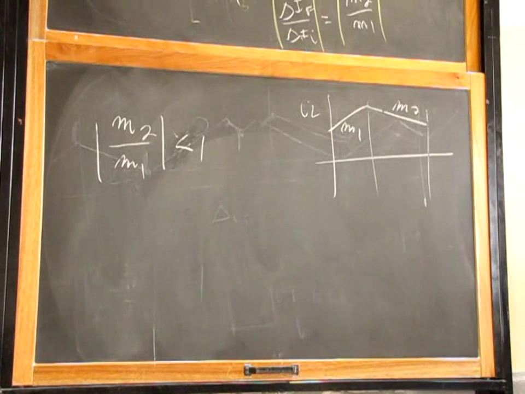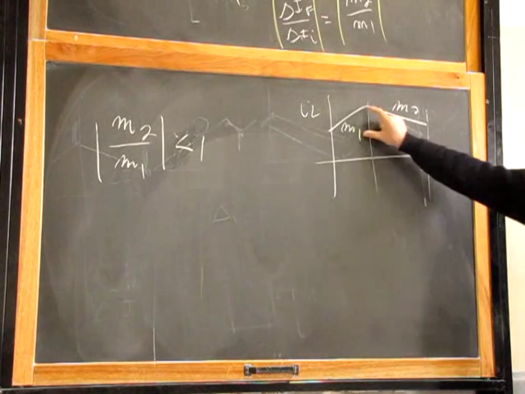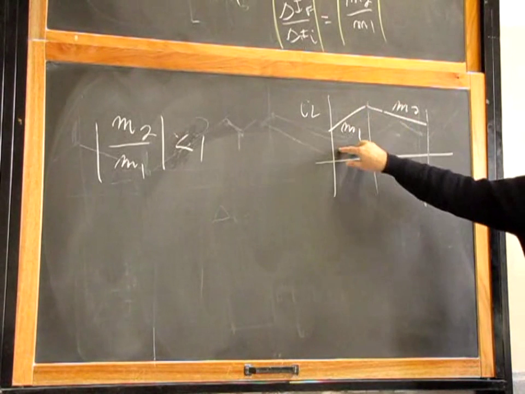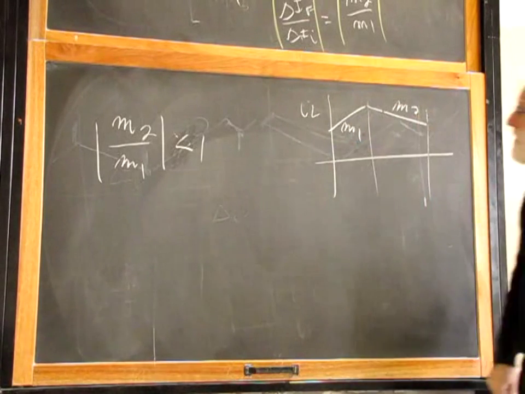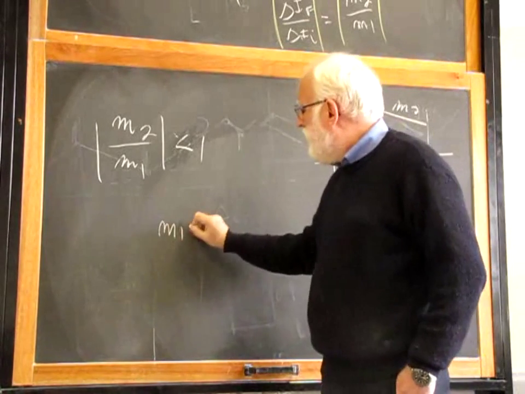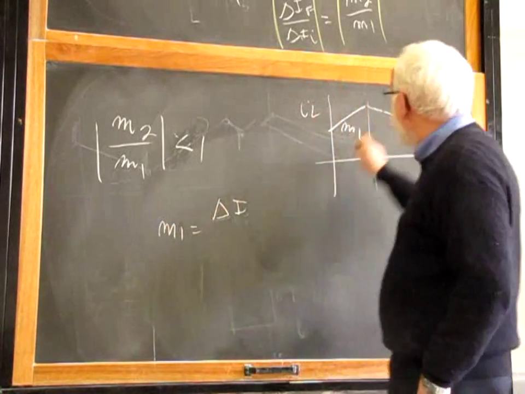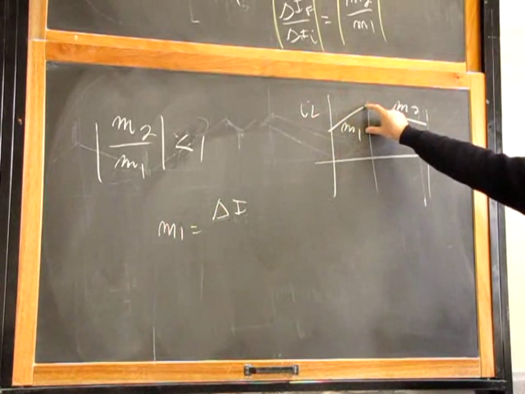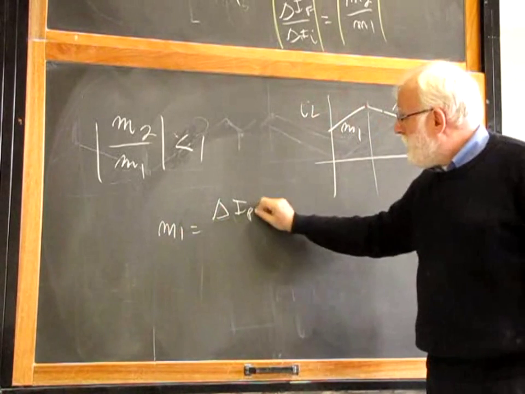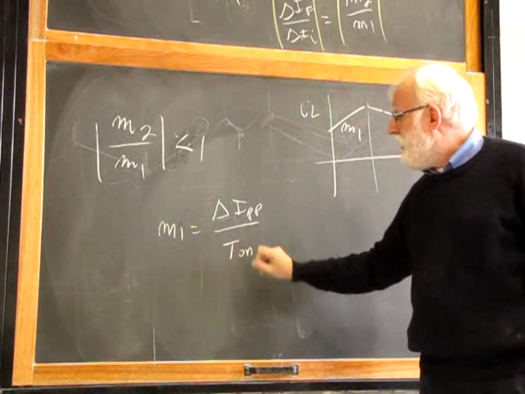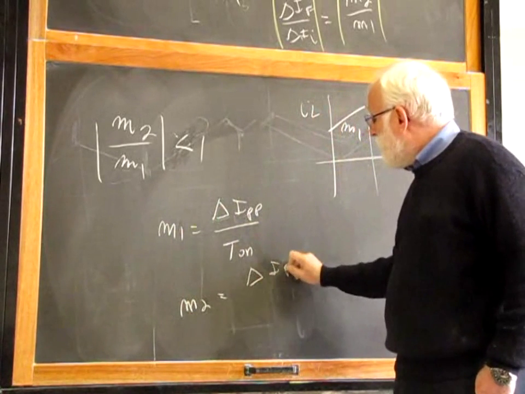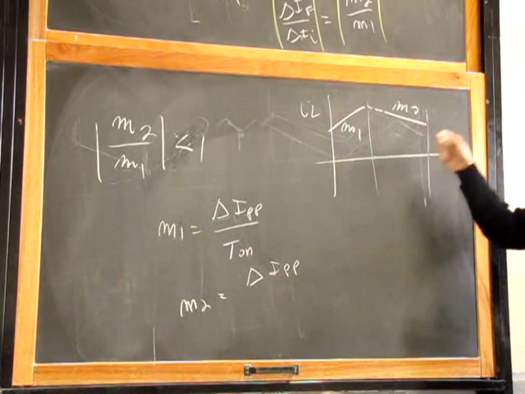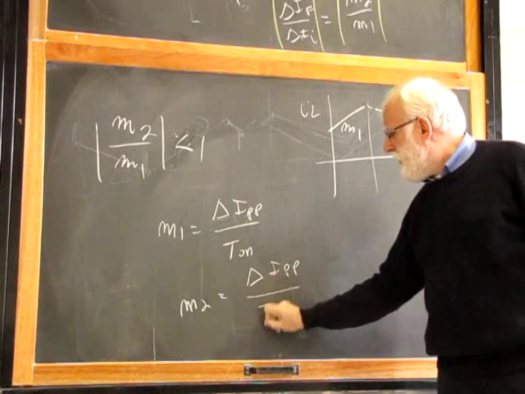You can write M as delta y over the base. M equals delta y divided by delta x. That means delta I divided by delta t. So M1 equals delta I, the ripple, peak to peak, divided by T on, and M2 equals delta I peak to peak, that's negative because it's coming down, but don't worry about it, divided by T off.